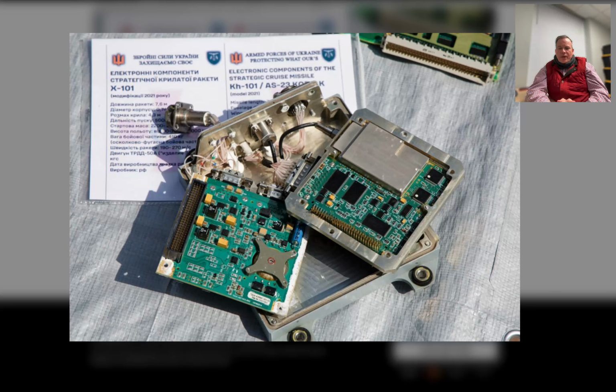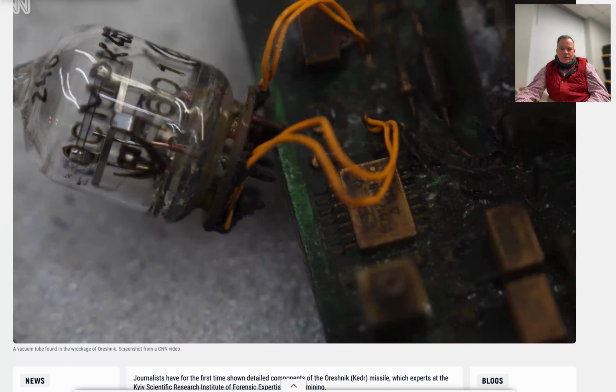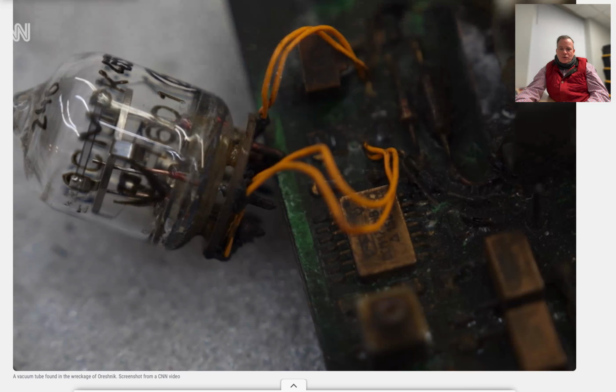If you have any comments to make about this whole promotion of this narrative of, well, we got these old circuit boards from the 50s and 60s, and we got the vacuum tube from the 40s and 50s, then the conclusions that they want us to reach and all that.